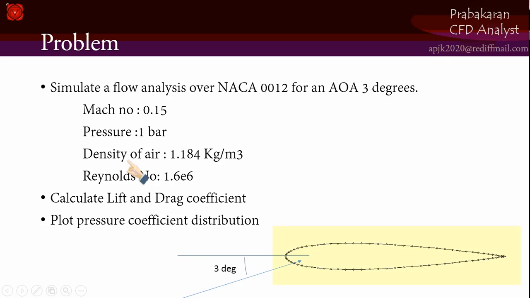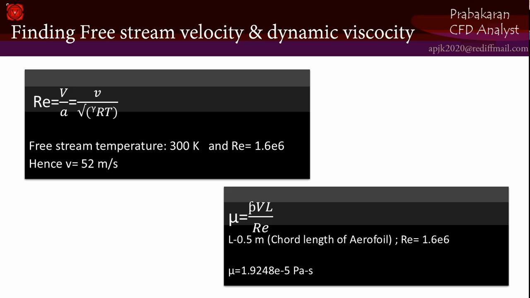Here they have given Reynolds number. Sorry, this is Mach number. Actually it has been mistakenly given. Mach number is equal to velocity of the object divided by the velocity of sound.